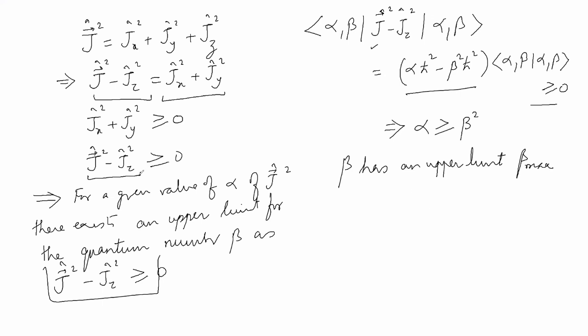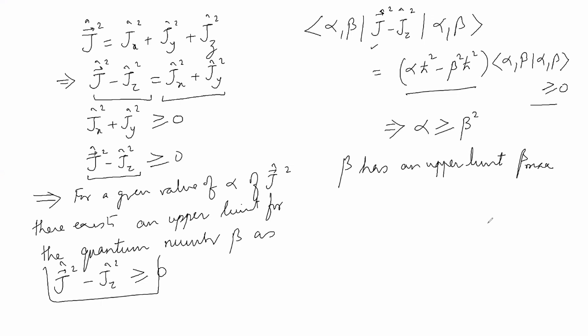Here we have Jz square, and if we keep lowering, a time will come when J square will become smaller than Jz square. Therefore the important point is that there is an upper limit on beta as well as a lower limit, and beta is confined between beta max and beta min.